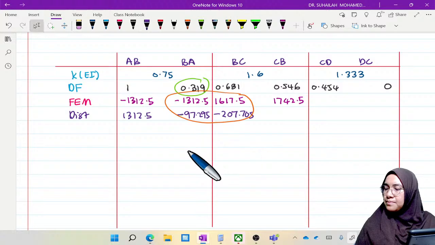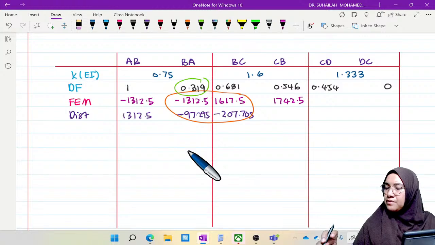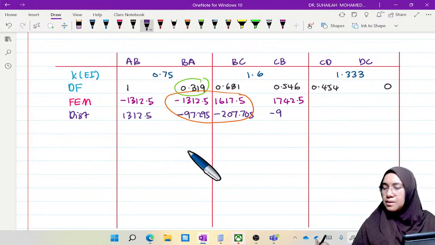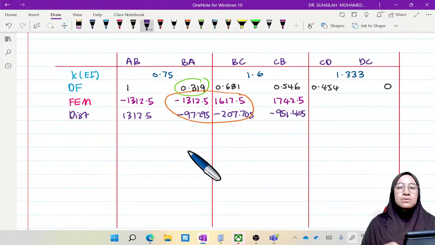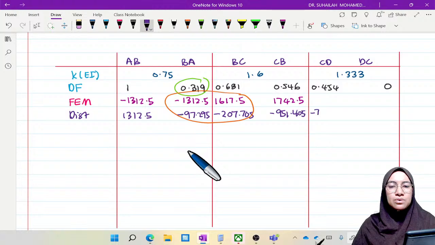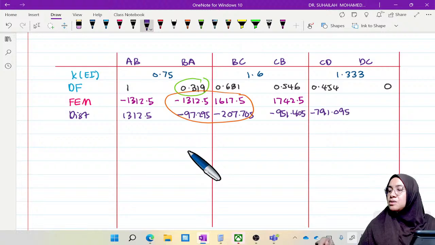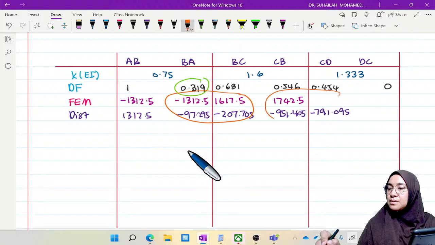And 1742.5 times 0.454, we also get negative 791.095. So the total must be equal to 0.